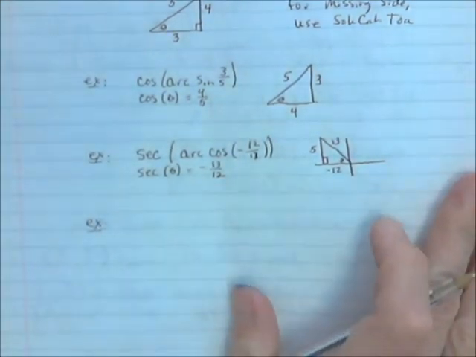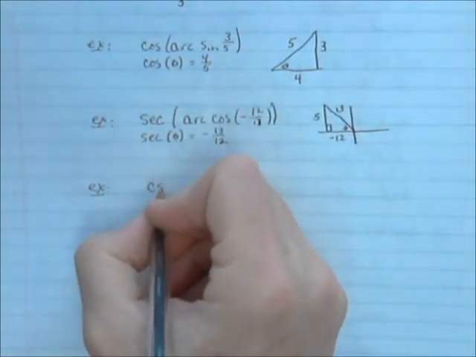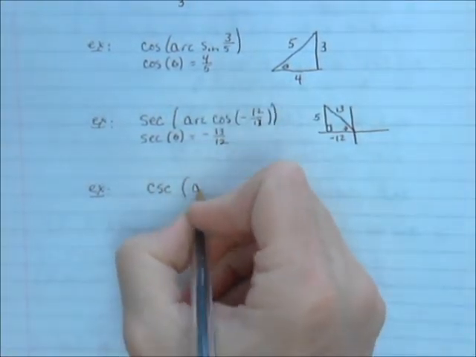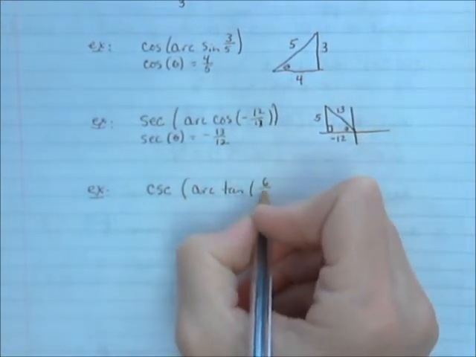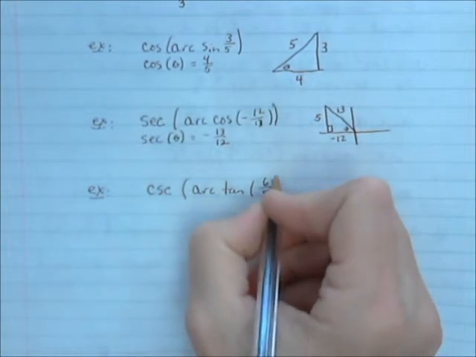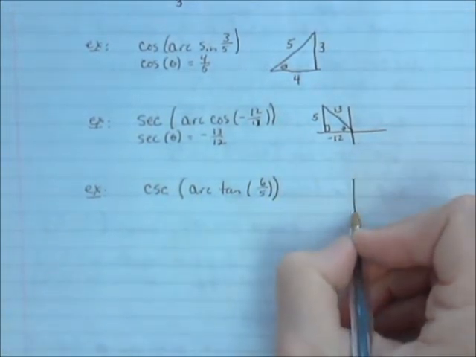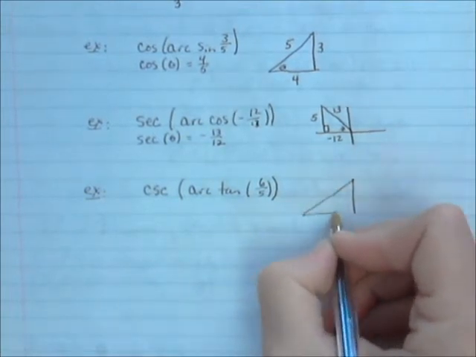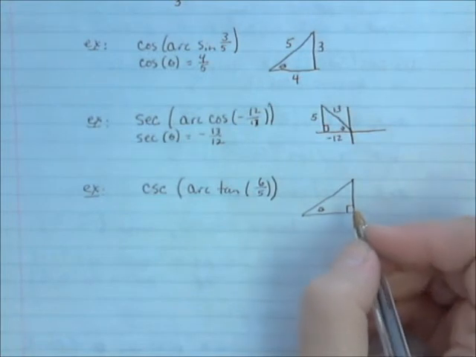Let's do one that isn't one of the Pythagorean triples that we know. Let's evaluate the cosecant of the arc tan of 6/5. We've got a positive input value, so we can just draw a regular right triangle here, label theta here.